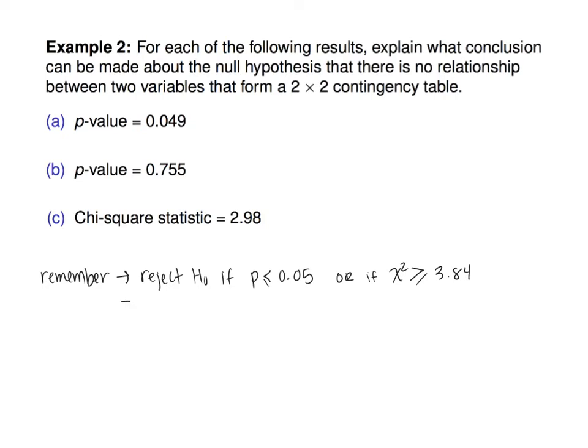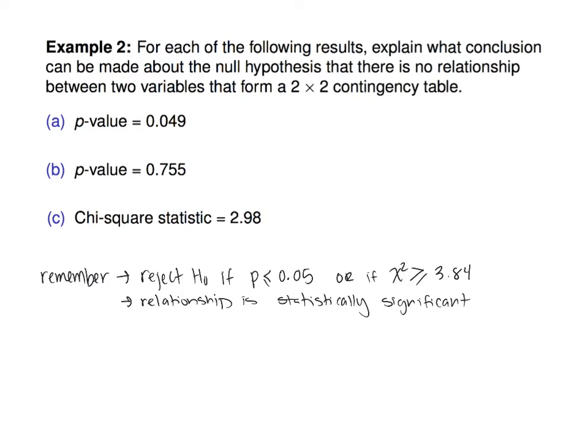And in both of those cases, the relationship is statistically significant. My point here is that this condition being met and that condition being met are equivalent things. If your p-value is less than 0.05, your chi-squared value is bigger than 3.84. If your chi-squared is bigger than 3.84, your p-value is going to be less than 0.05.